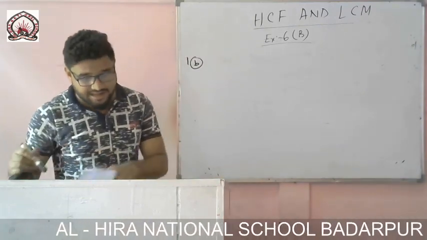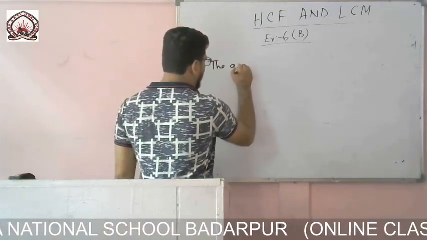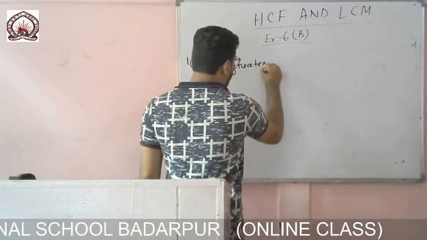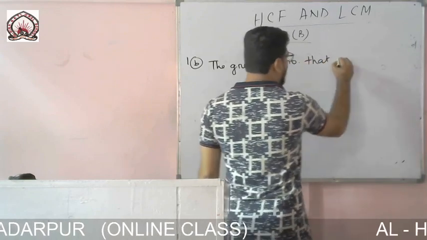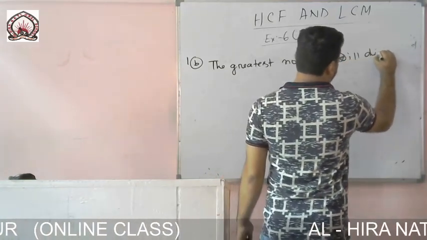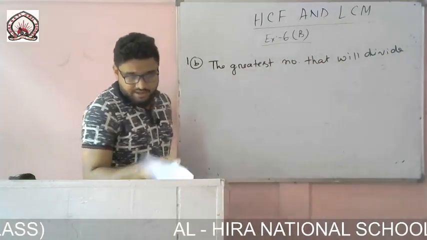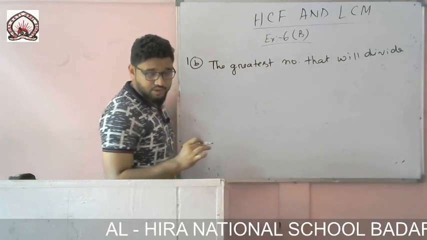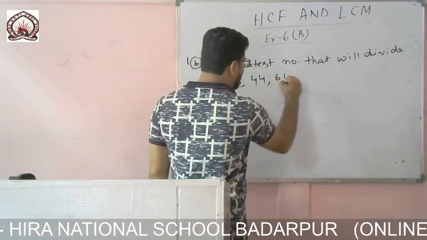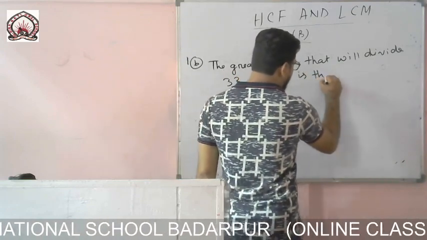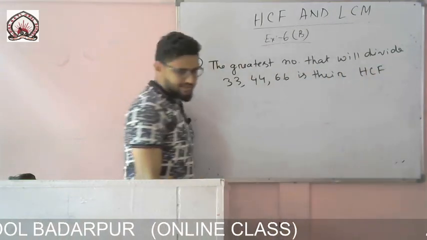So write, as earlier: the greatest number that will divide 33, 44 and 66 is their HCF.